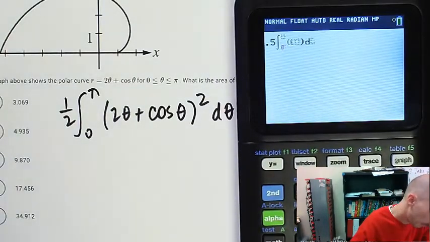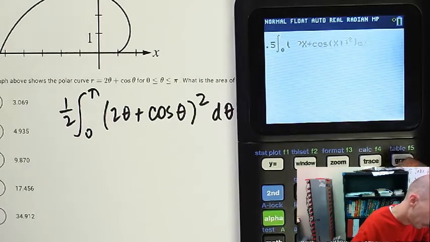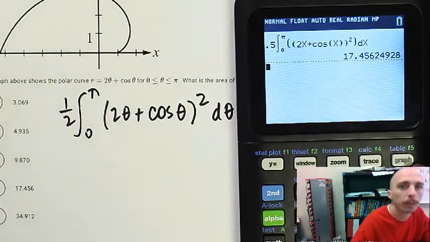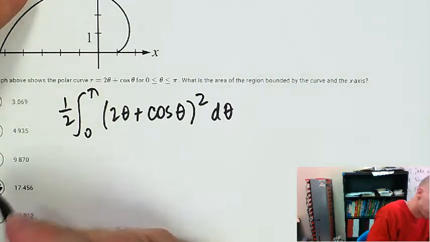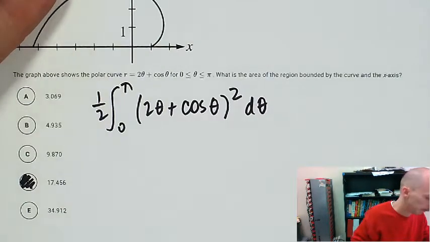All right, so 1/2 r squared, 2 theta plus cosine theta squared d theta. 17.56. Right, that sounds like choice D.